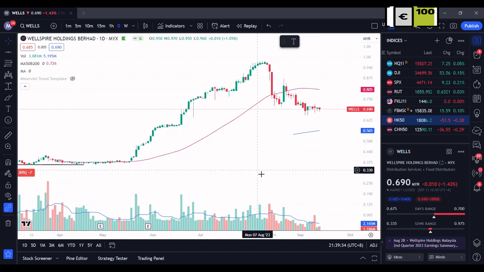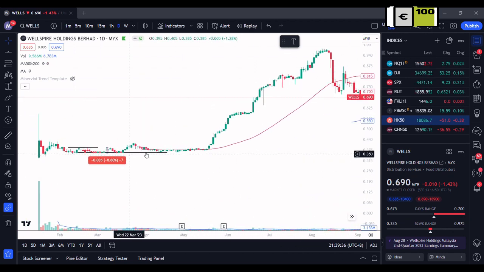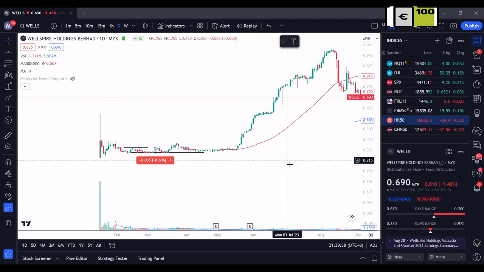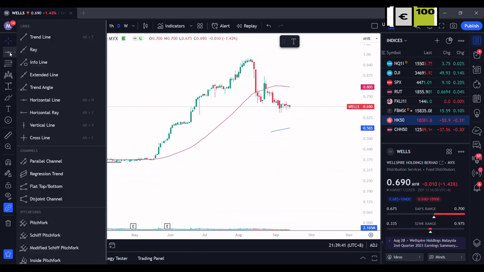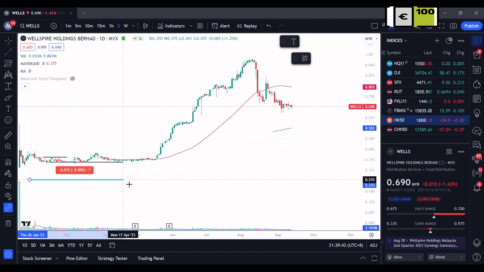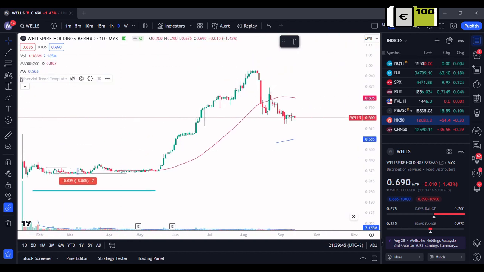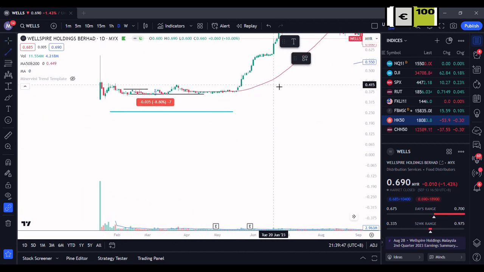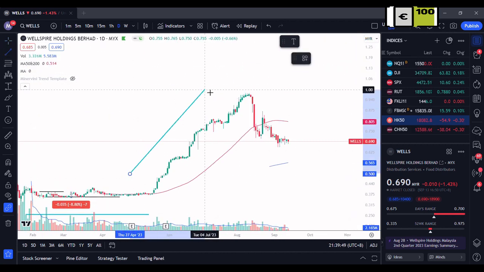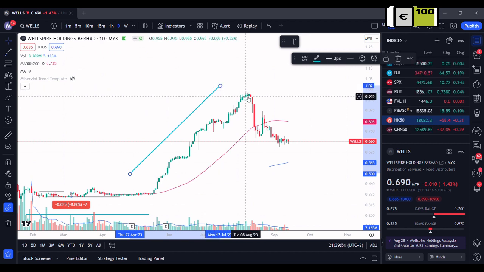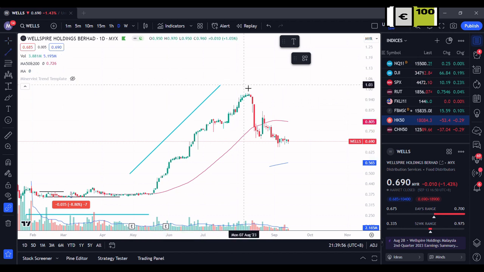Basically this was when people accumulate, most people don't even know about Wells. This is stage 1 accumulation. Then you have stage 2 over here, which is the markup. This is when most people already know and they try to join in. They're like, oh, I'm late, time to go in.